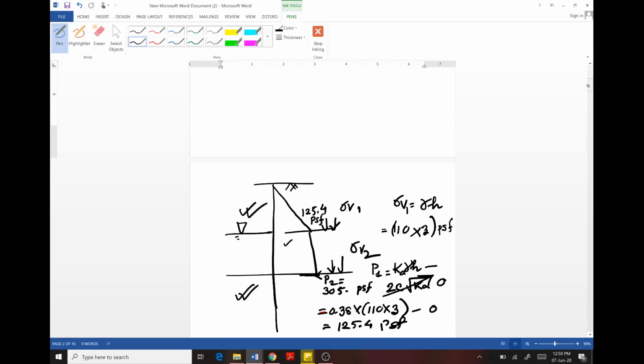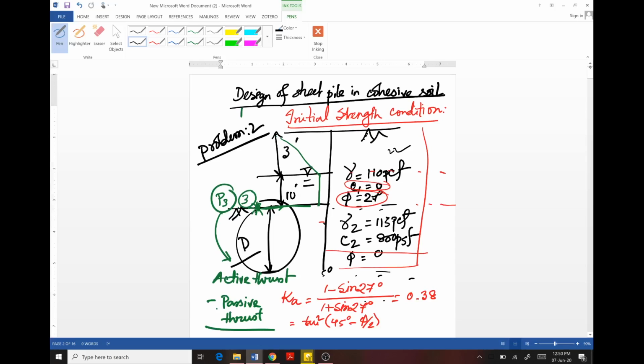Okay, now for this layer, since this is the initial point of the second layer, we will have to use the strength parameters value, which is cohesion C and angle of internal friction value phi of second layer. So C equals to 800 psf, phi equals to 0.